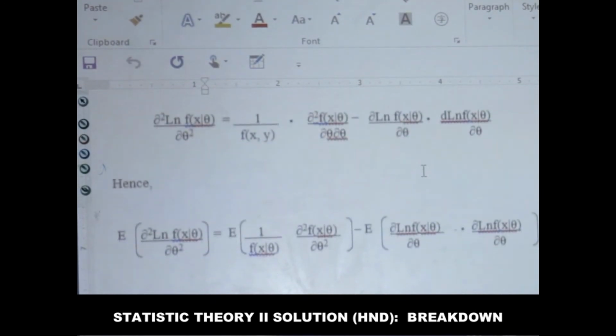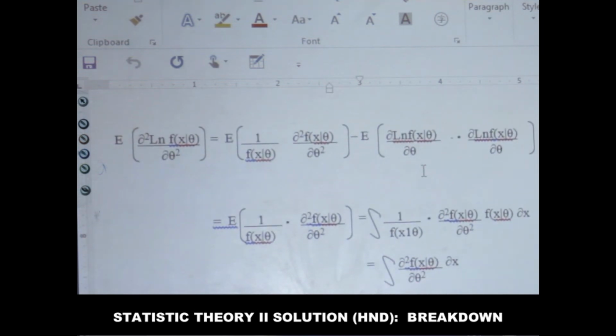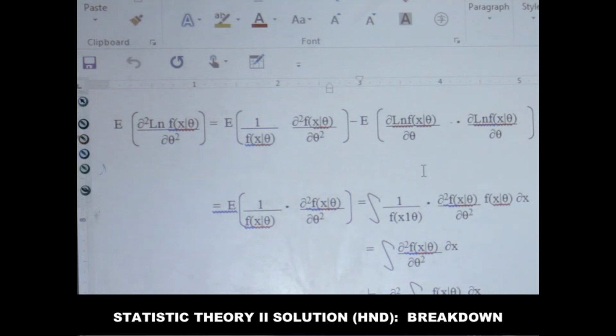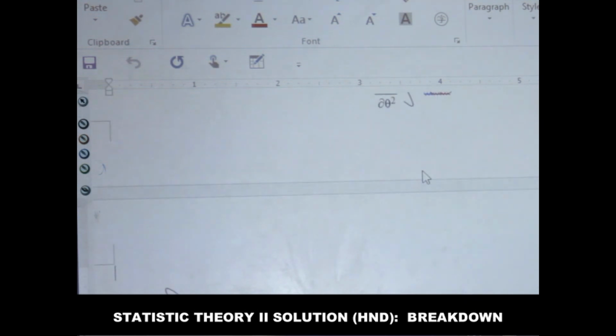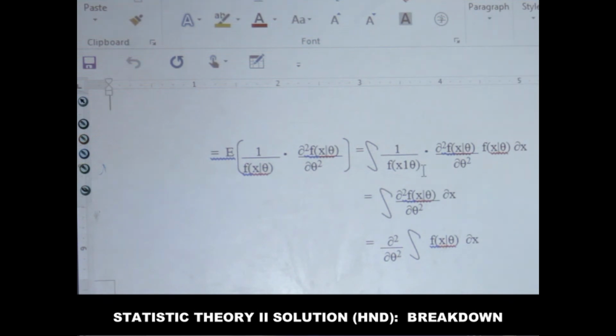So let's continue. From our end, you have the expectation of 1 over f(x, theta). Now at this stage you introduce your integral sign, and once you are introducing the integral sign, recall in integration you have to differentiate twice.